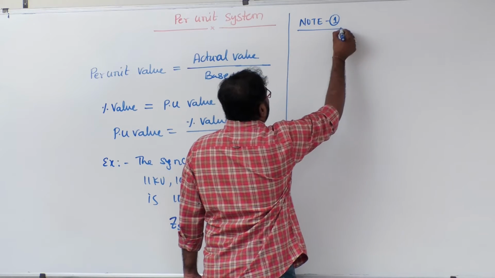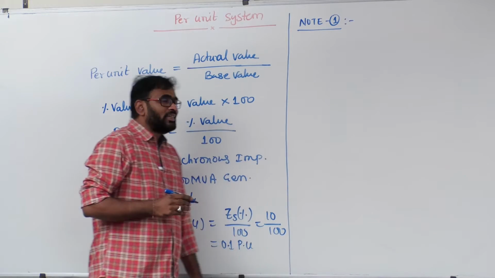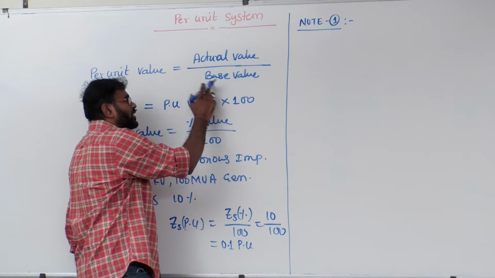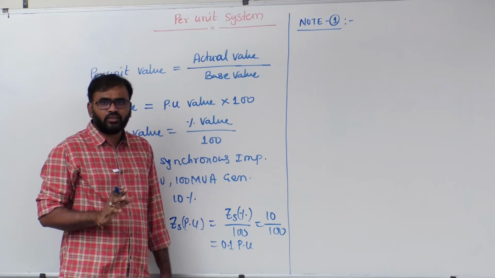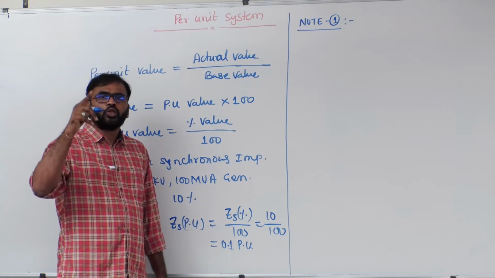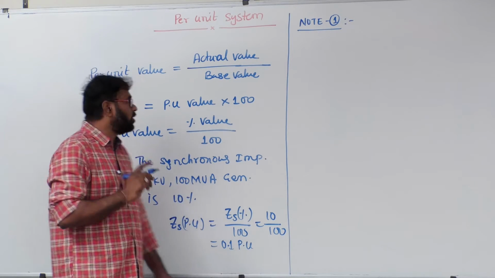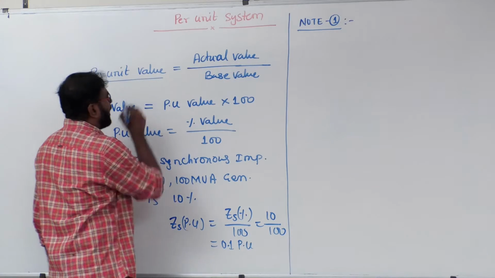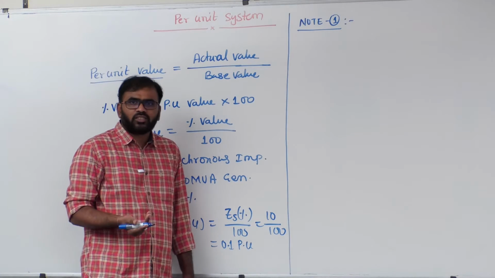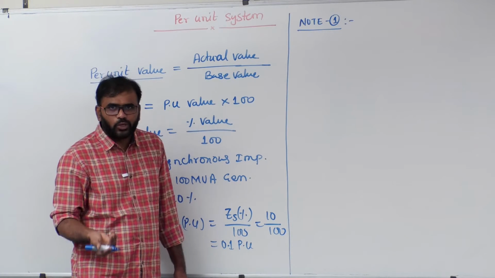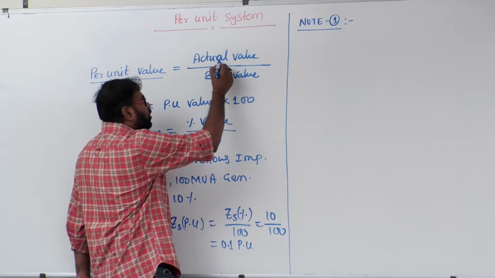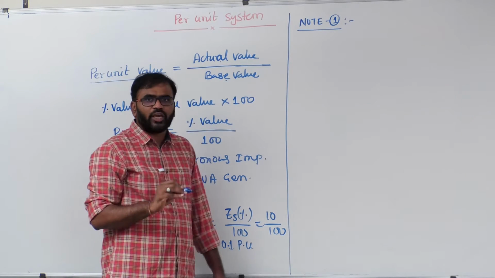Now we will see the first important thing about the per unit system. Simply note number 1. The actual value and base value have the same unit. So that's why the per unit value is unitless. Now this is the first important thing about the per unit system. So the point is clear. Per unit value is unitless. No units for per unit value, because the actual value and base value have the same units.